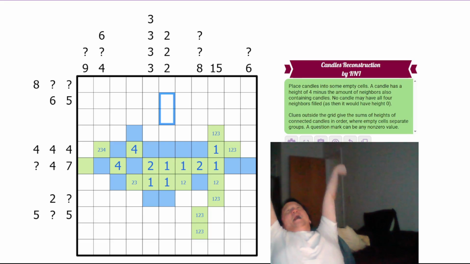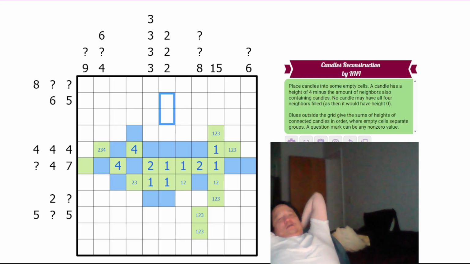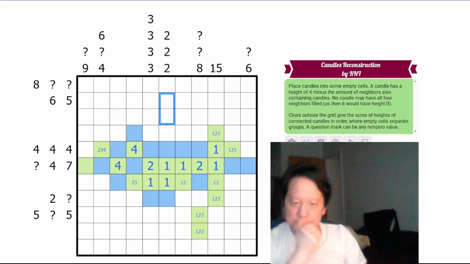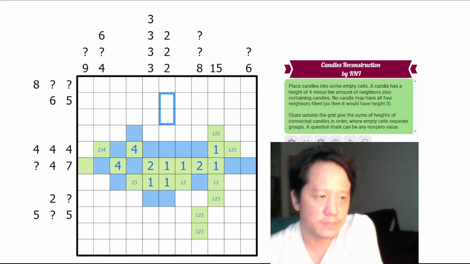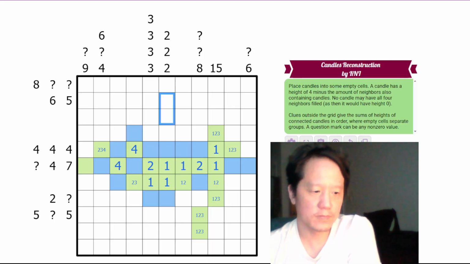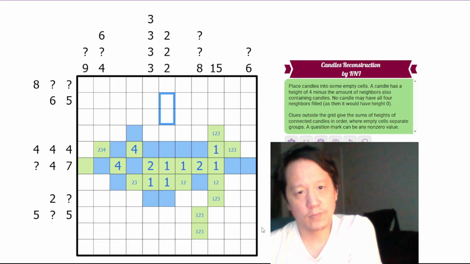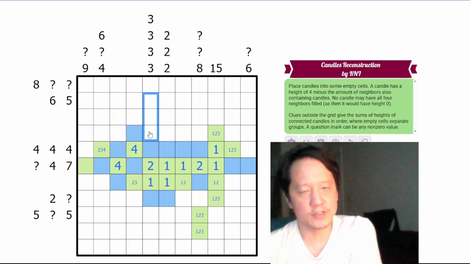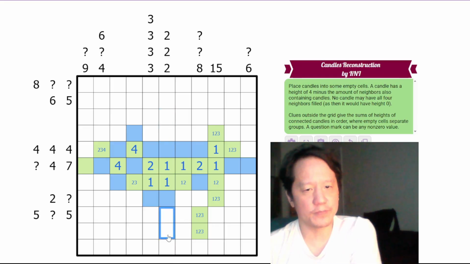How would that work? That means there has to be, wherever the 2's are here, a corresponding 1's.